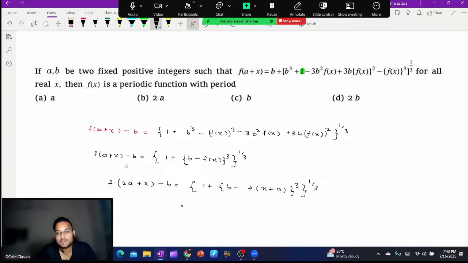F of a plus x minus b is what? This one. F of x plus a minus b whole cube will be 1 plus b minus f of x whole cube.